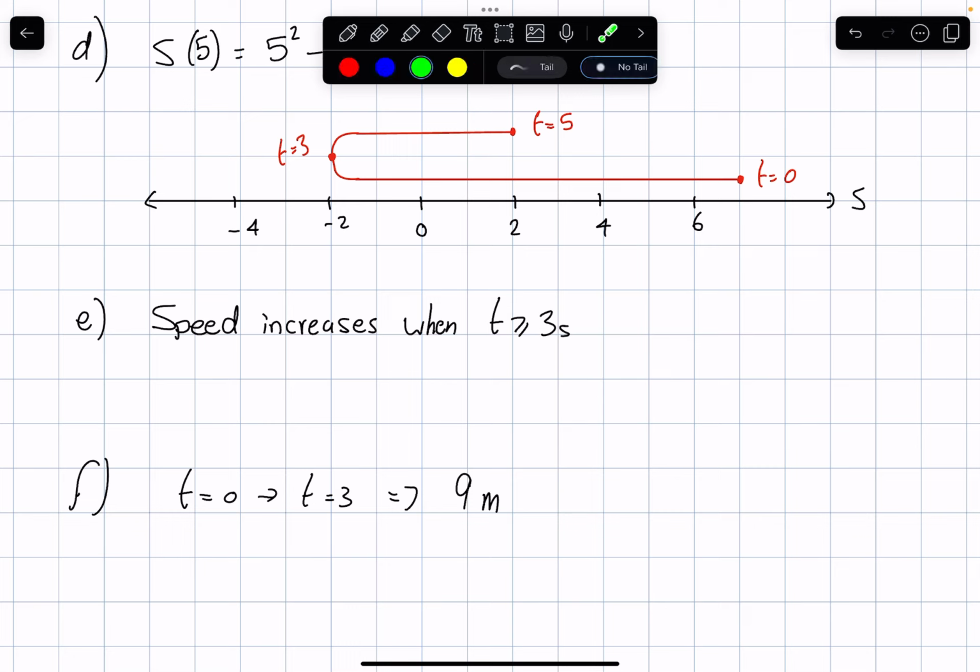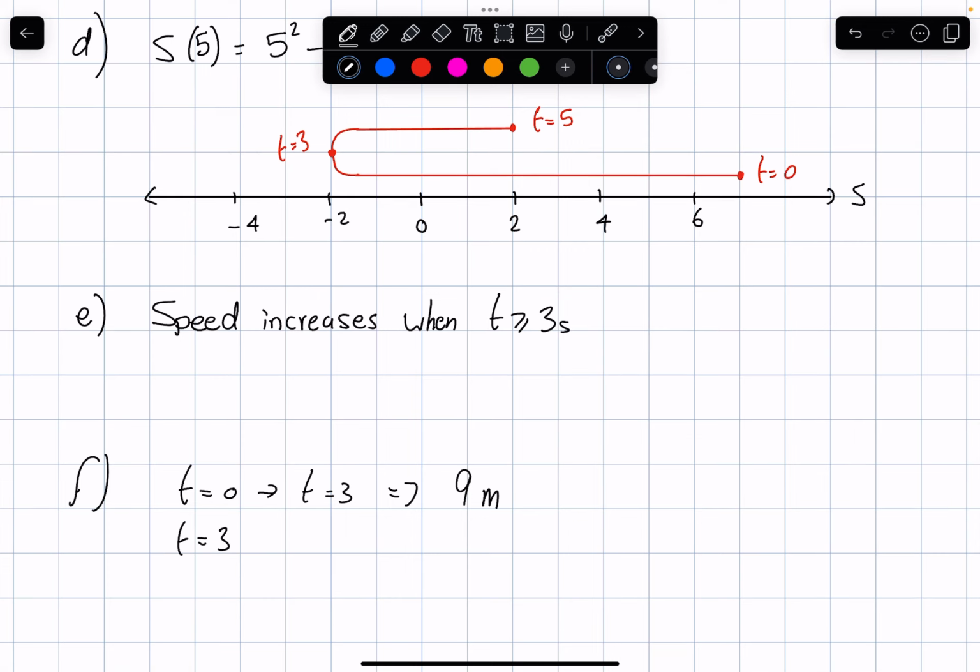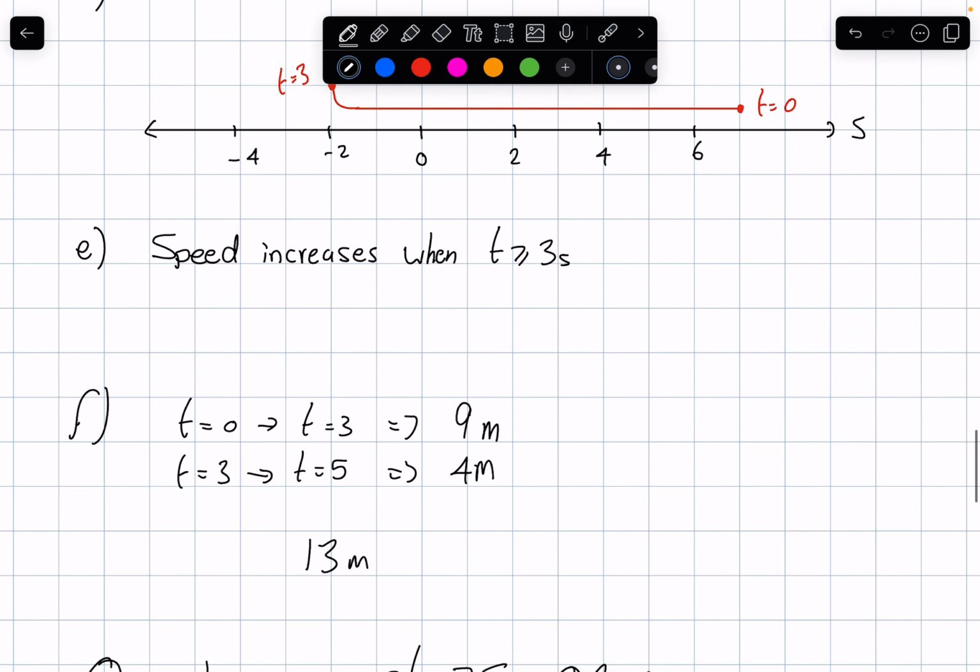Okay, so we don't worry about negatives. We just add up all the way till we get to here. Then from t equals 3 to t equals 5, we traveled 4 meters. So in total, we traveled 13 meters in 5 seconds.